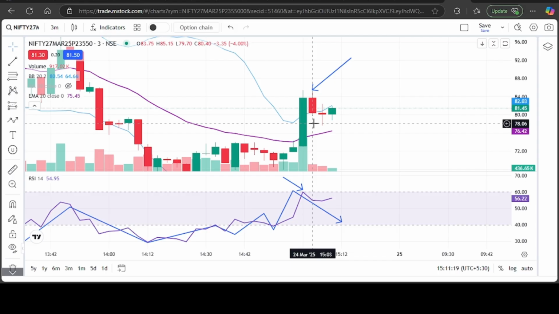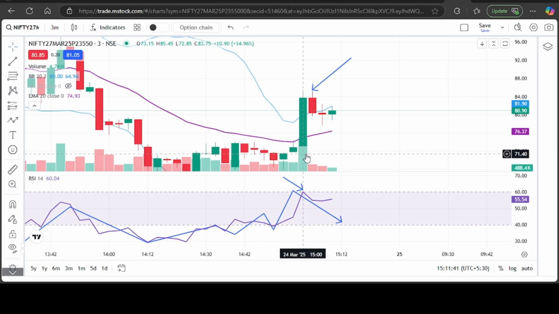The low of this candle is 79.70 and the high is 85.15. So I am just putting approximately 5 rupees on the line. If I lose, it'll be 5 into 75. But if I win this trade, it can be anything. I can go up to this level.